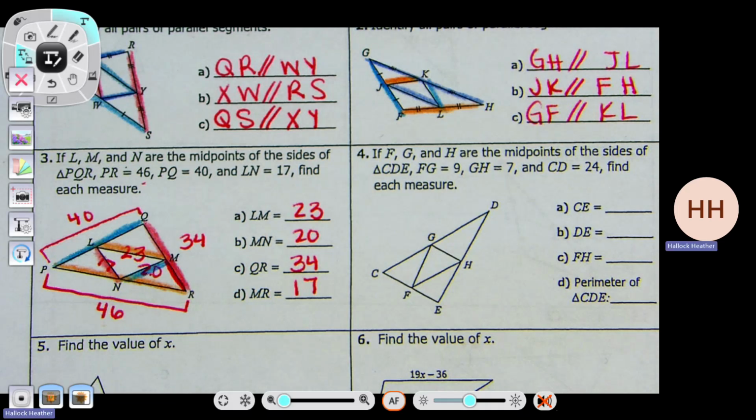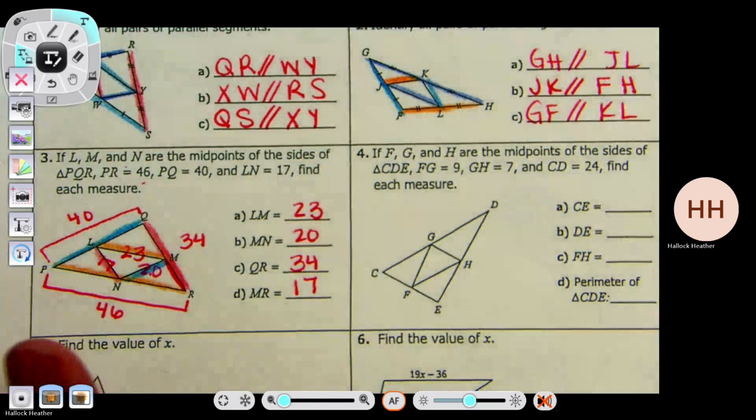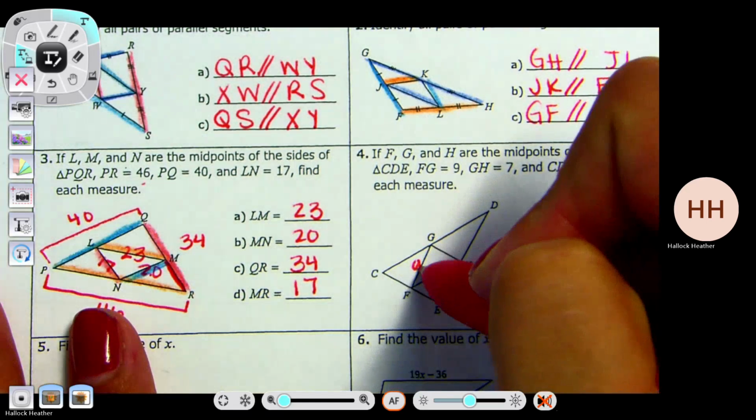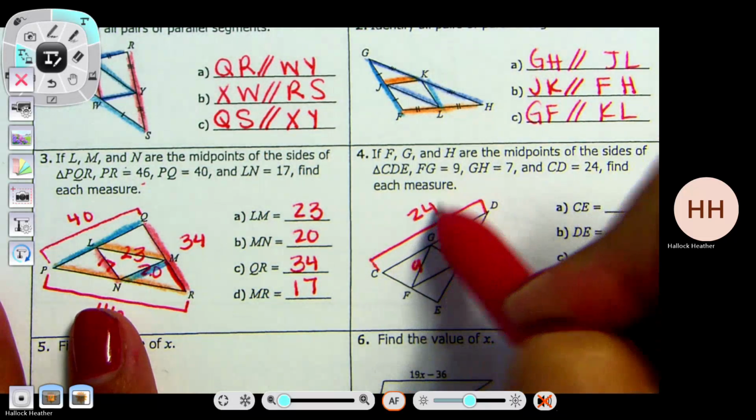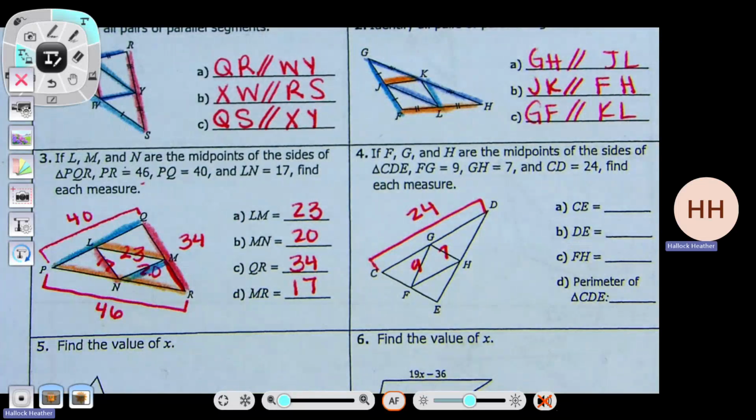I'm sorry. Start going out and applying with 2.